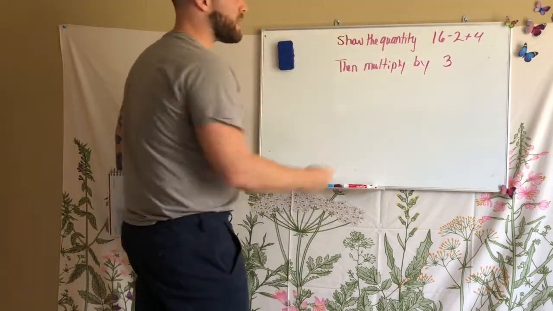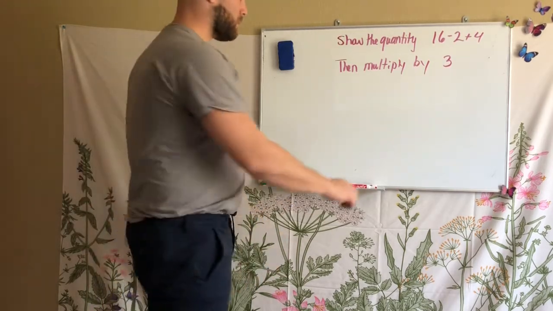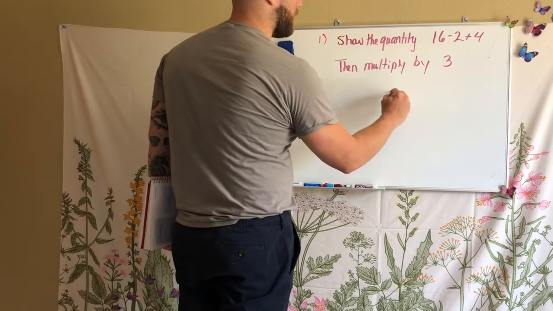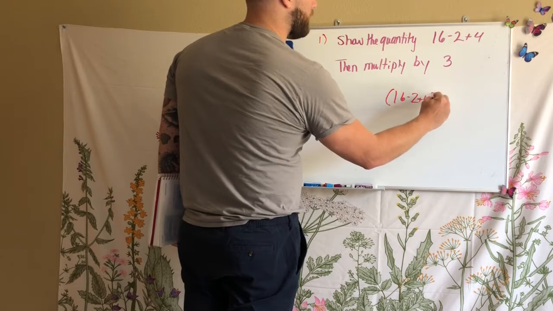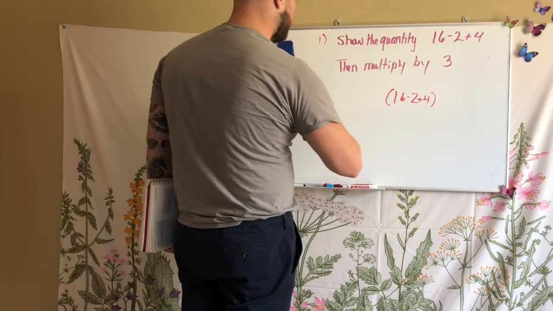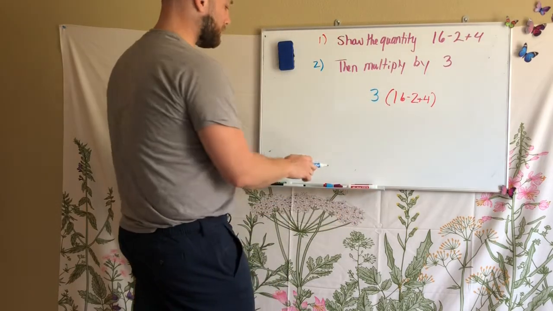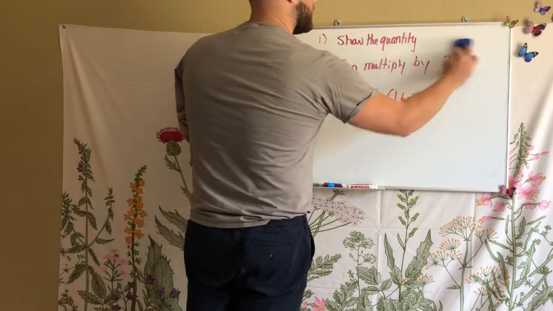So pause the video now and work this problem. Show me how this would look written out. All right, so 1 would be parentheses 16 minus 2 plus 4. On the outside, we have 3. Here's another one. I'm just going to erase this part.